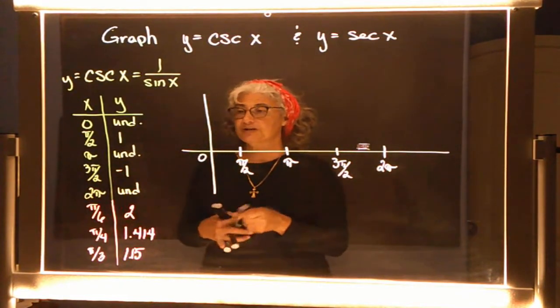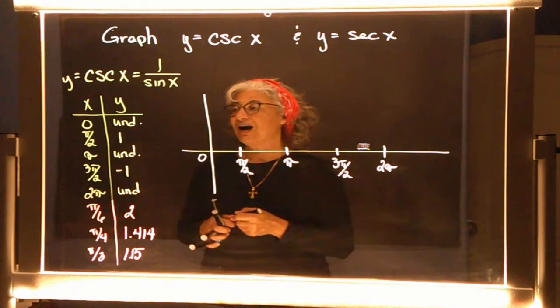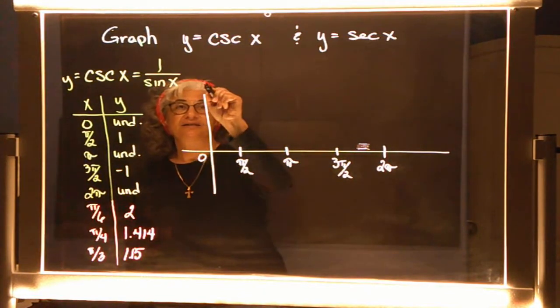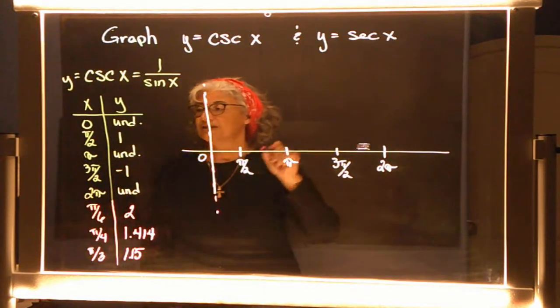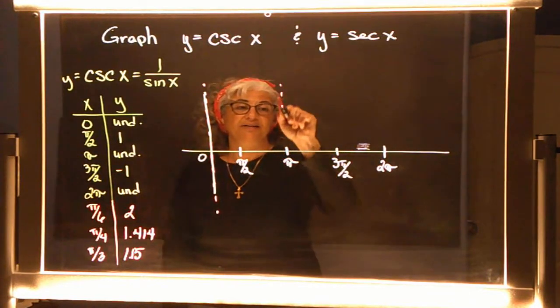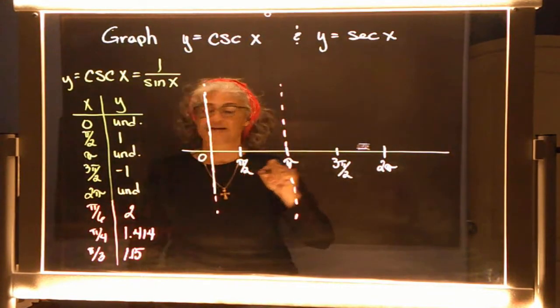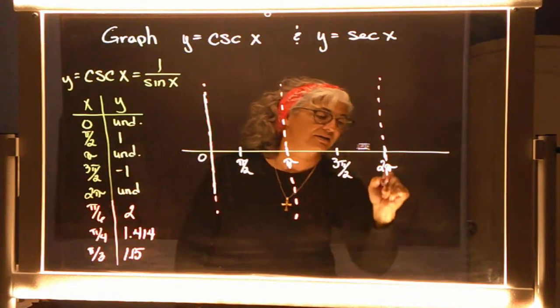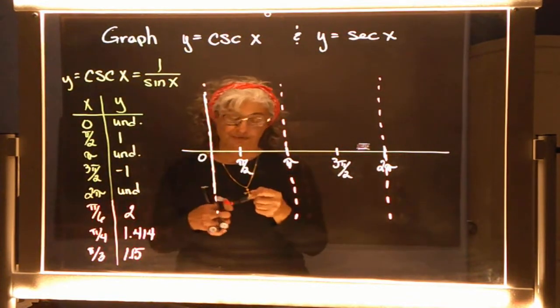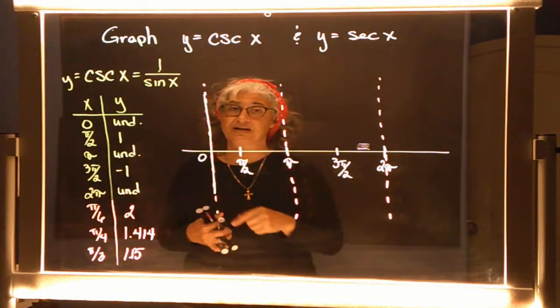Here's what I already know. At three places, I already have undefined. It's undefined at 0 radians, at pi radians, and at 2 pi, which create my vertical asymptotes. We've spoken about asymptotes before.